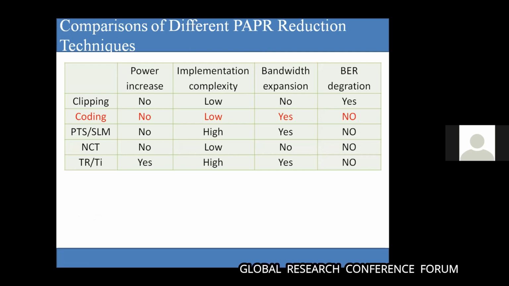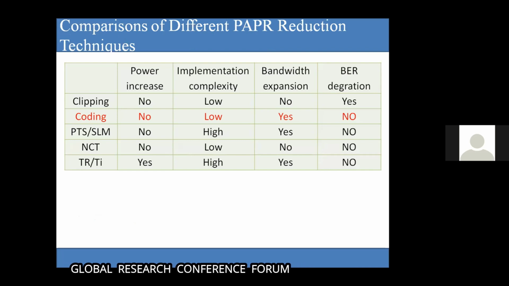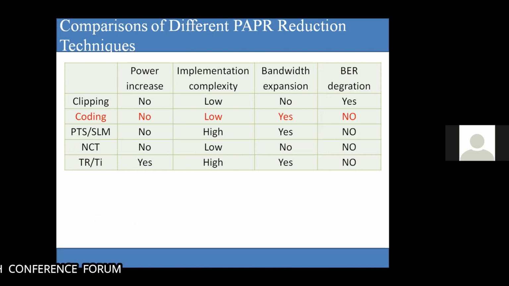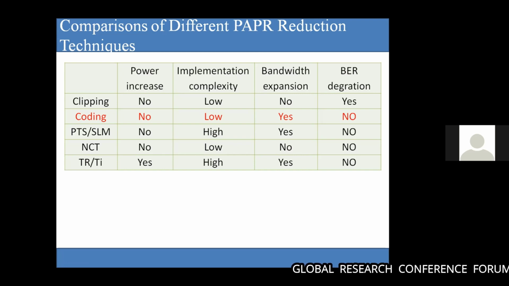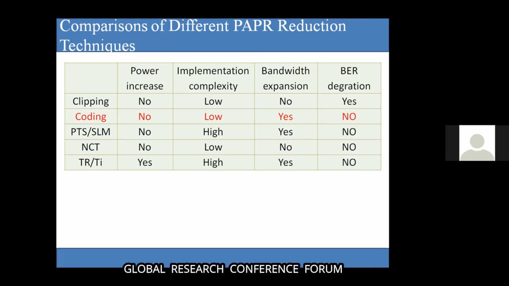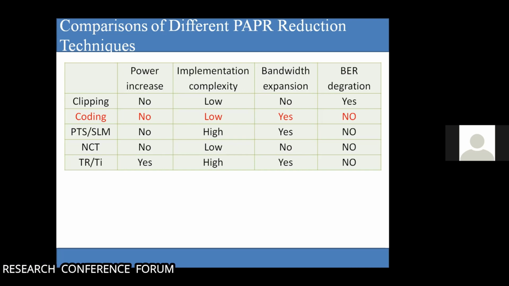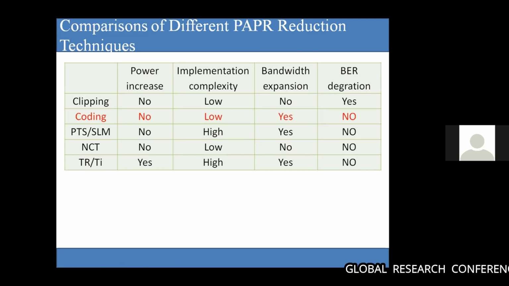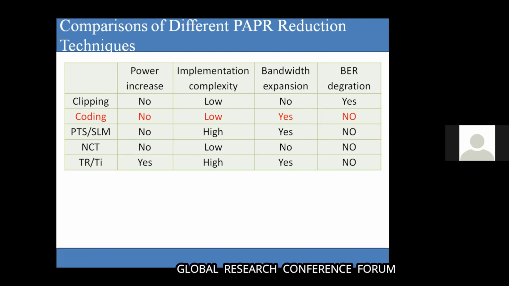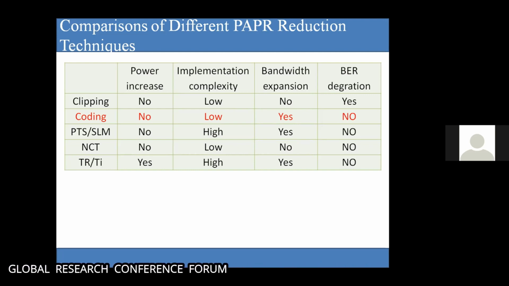Bandwidth expansion is one major disadvantage of coding methods, but it is compensated by the data rate, and the BER degradation is nearly close to 0 at this coding rate, because coding has the capability to detect and correct errors.